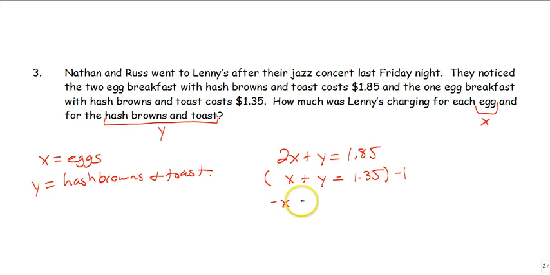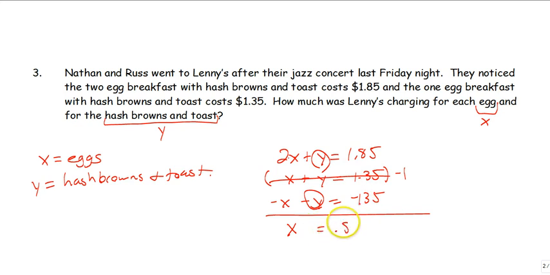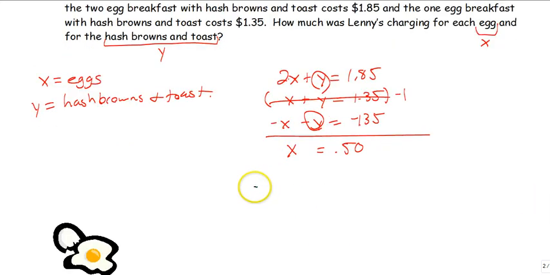So we get negative x minus y equals negative 1.35. And we have this. So 2x minus an x is an x. The y's cancel. And then $1.85 minus $1.35 is 0.50.